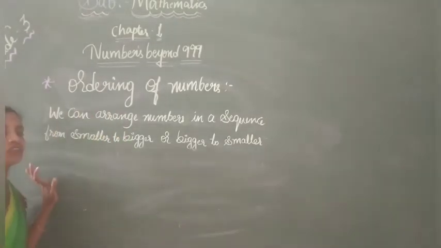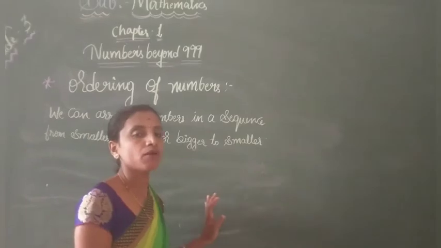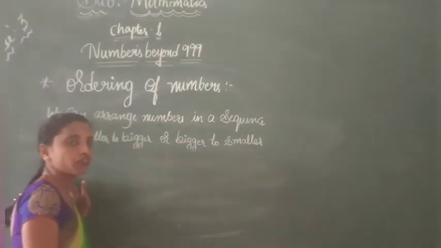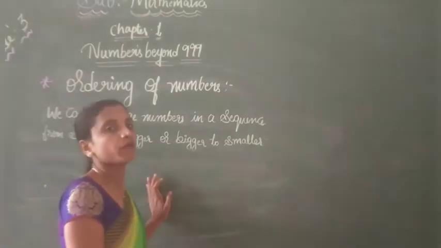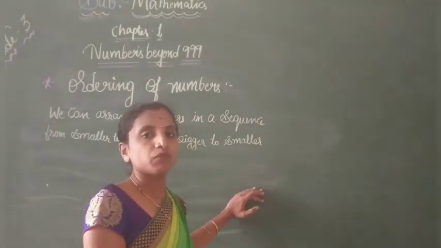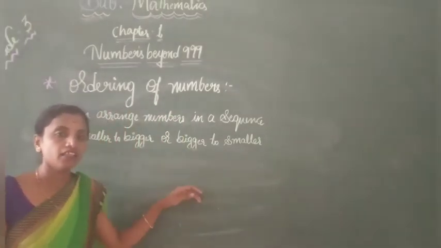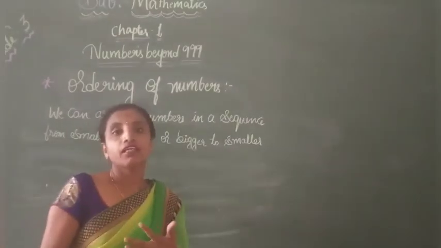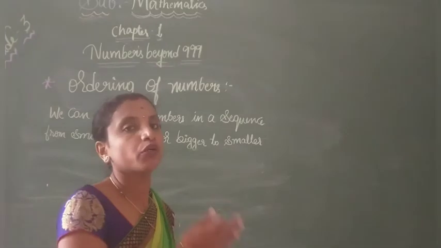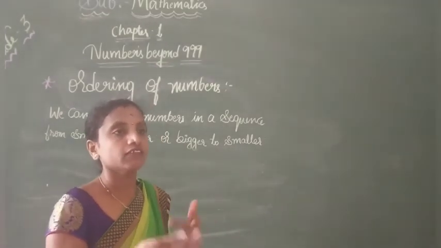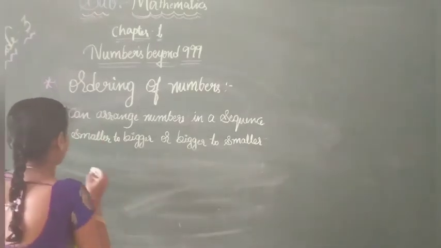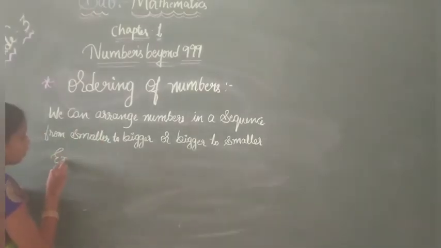The numbers written in order from smaller to bigger is called ascending order. Bigger to smaller is descending order. I will show one example.